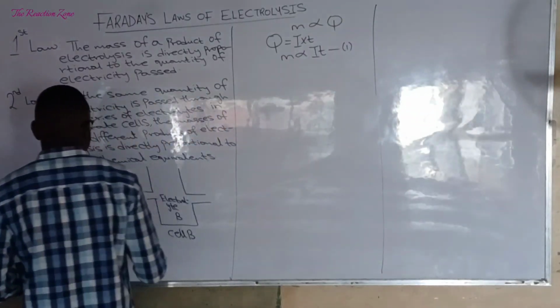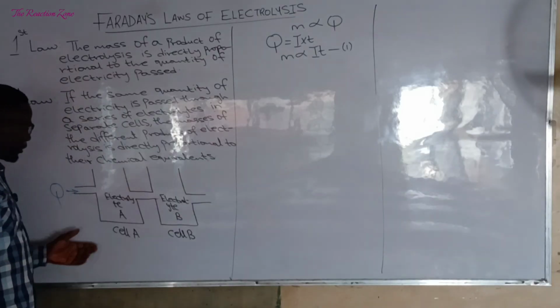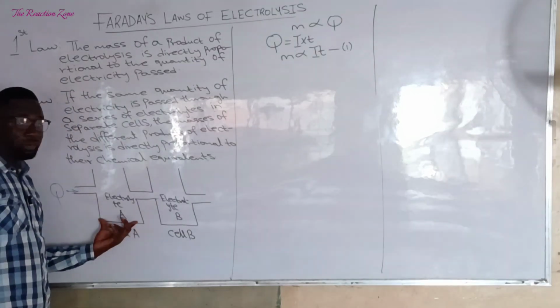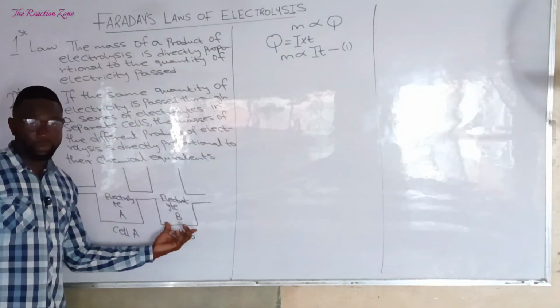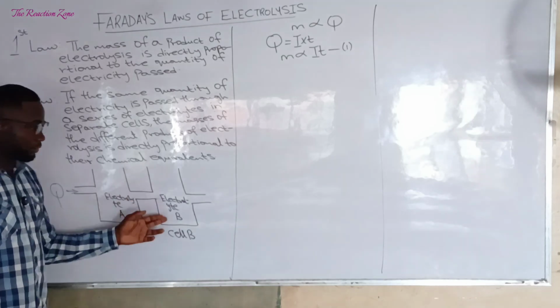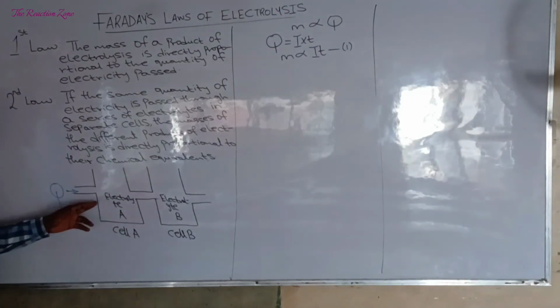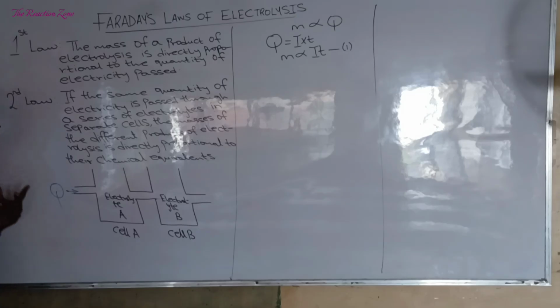So, in the illustration that we can see here, this is one electrolytic cell and this is another. They are both connected in series, and each of these electrolytic cells gets the same quantity of electric current, or the same quantity of electricity, which is represented by Q here.